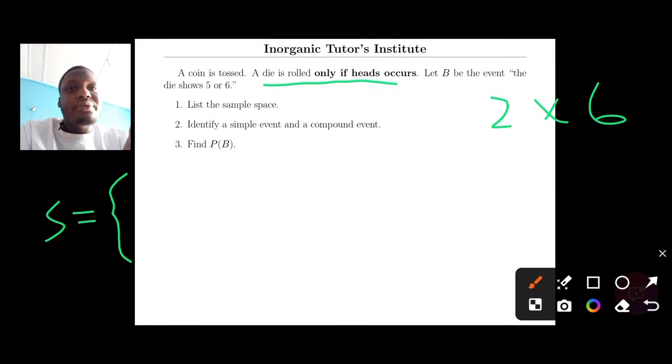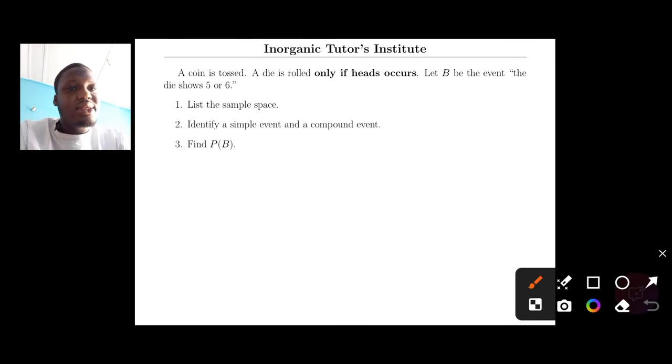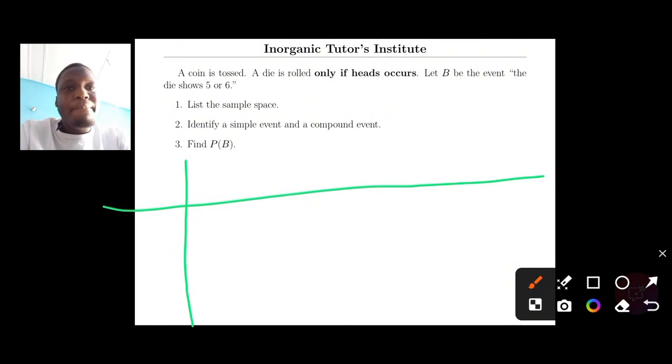A coin is tossed, so we can apply the table here. It will be possible. Let's try and apply the table. Good.